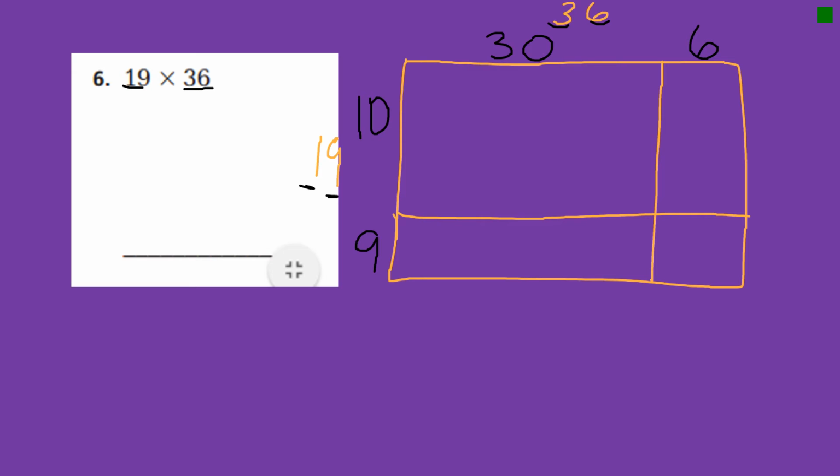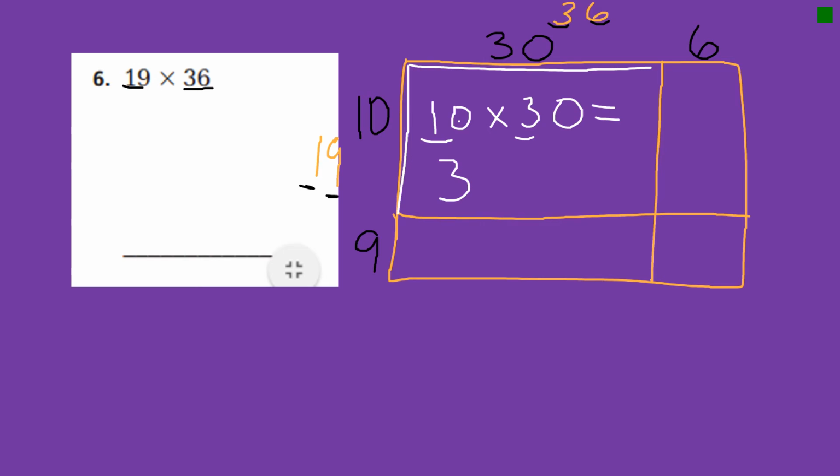Okay? So here we have 10 rows of 30. We just did this one, didn't we, boys and girls, in the other problem? 10 rows of 30. 1 times 3 is 3. 0, 0 is 300. All right. So now let's go to this one. 10 rows of 6.